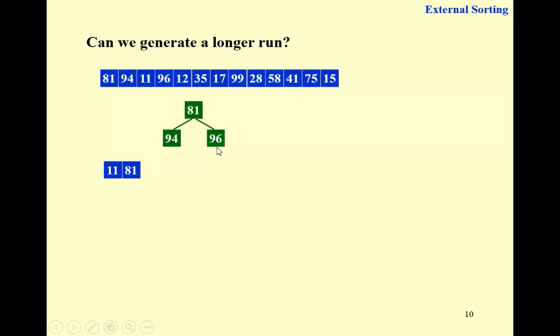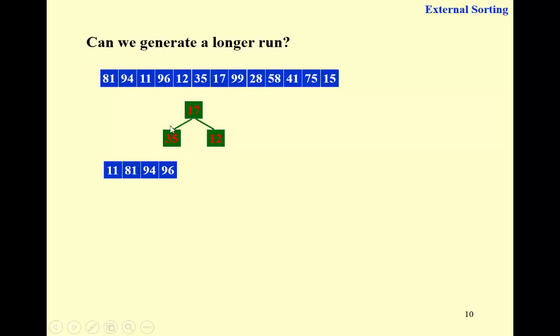But still, let's read 12 in. But 12 is not counted as part of this min heap. So the current min heap contains only 2 numbers. Let's output 94 and read in 35, and output 96 and read in 17.